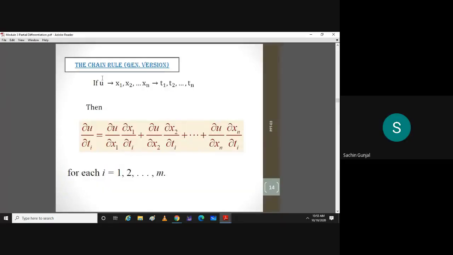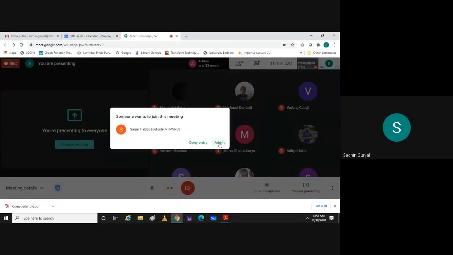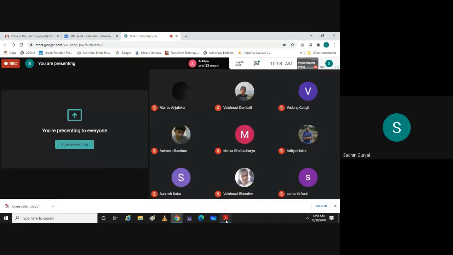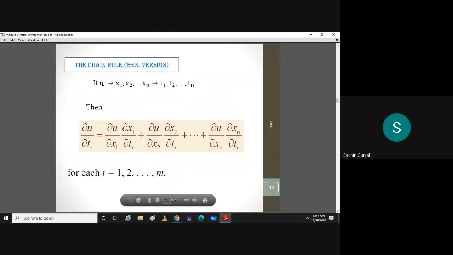Then this is the generalized rule. If u is a function of n variables, and those n variables are functions of another n variables t1 to tn, then you can find u with respect to ti, whatever i may be from 1 to n.